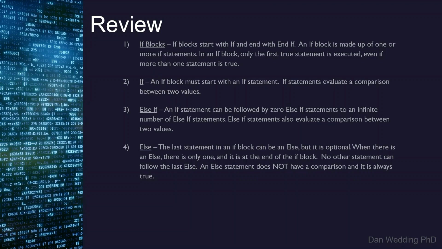Else if statements also evaluate a comparison between two values. The last statement in an if block can be an else, but it is optional. When there is an else, there is only one, and it is at the end of the if block. No other statement can follow the last else. An else statement does not have a comparison and is always true.